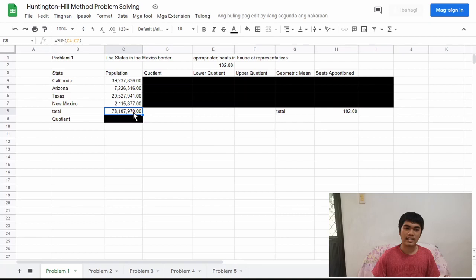We will divide it as I explained earlier about the formula. We divide the total population by the appropriate seats in the House of Representatives, or any appropriate seats.